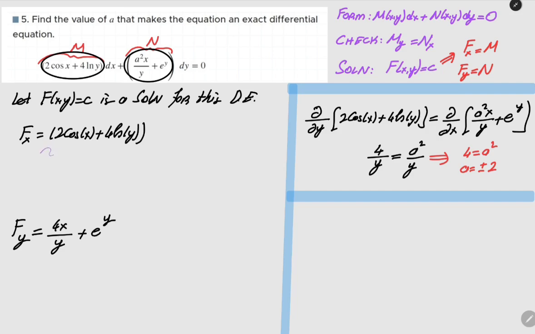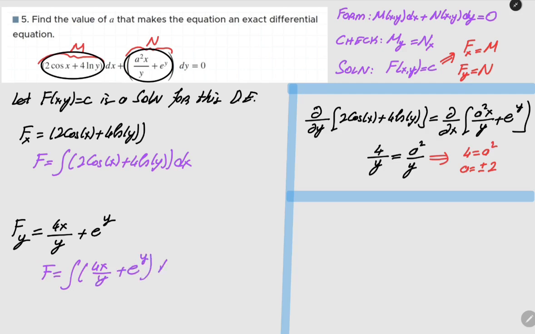It follows that from the first equality, f should be the integral of 2 cosine x plus 4 ln y with respect to x. And from the second equation, the integral of 4x divided by y plus e to the y with respect to y should be f. All right, let's take these integrals then.